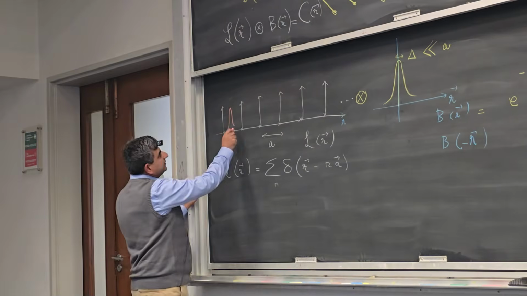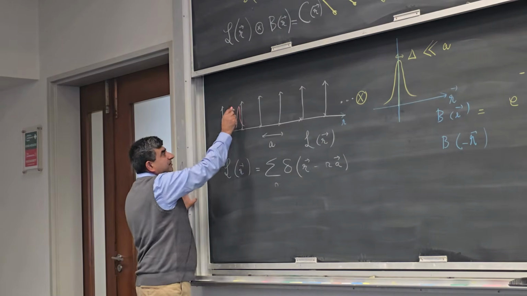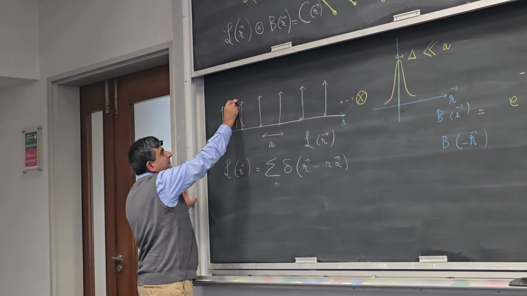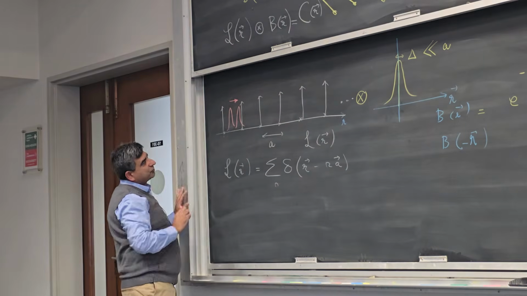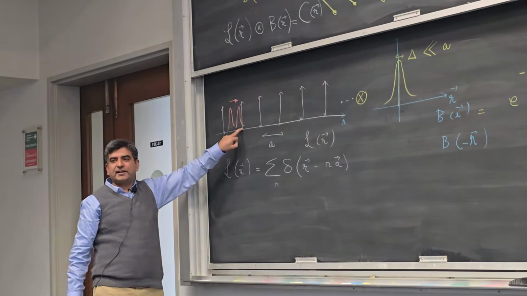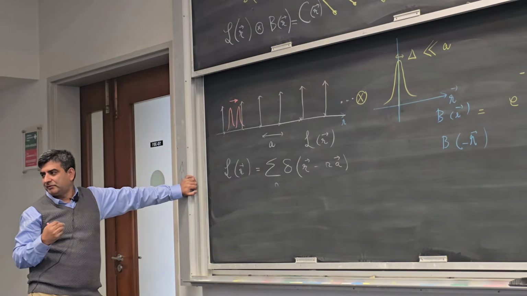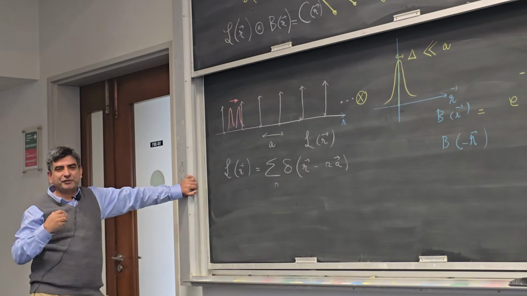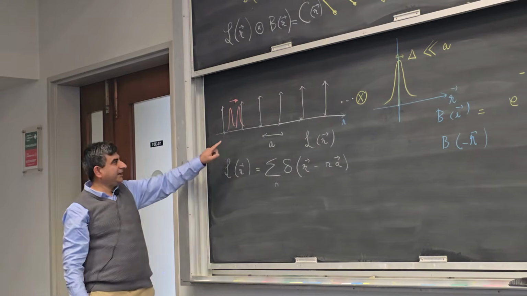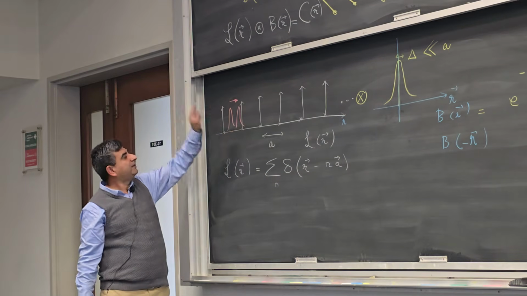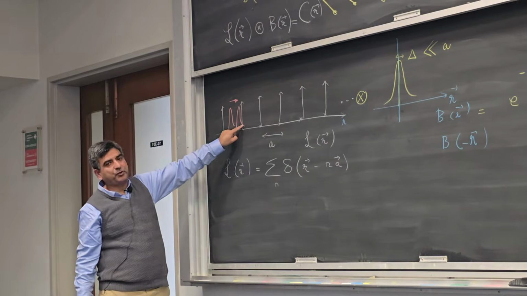Only when this Gaussian function hits a Dirac delta will I get a non-zero value. And that non-zero value, according to the sampling theorem, is equal to the value of the Gaussian function at this point.